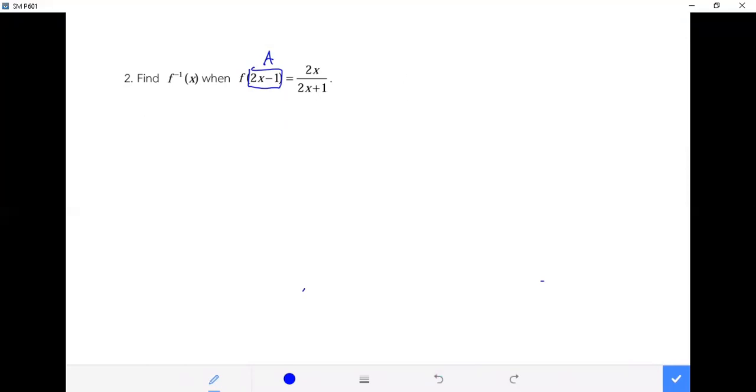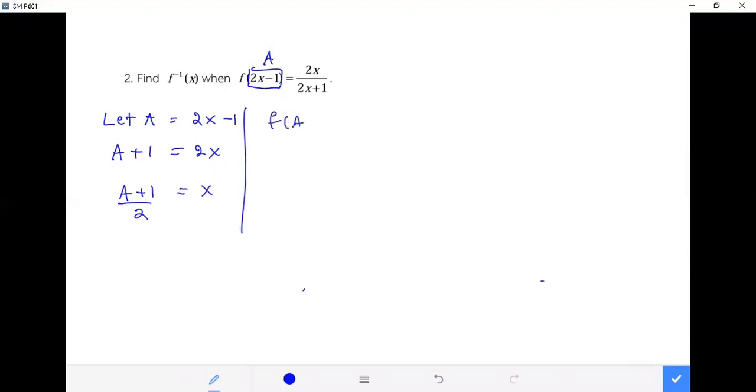If you want to go step by step, you should write on the left: let a equal to 2x minus 1. Then change the sides: a plus 1 is 2x, so x is a plus 1 over 2. Then 2x plus 1 is a, so you have f(a).